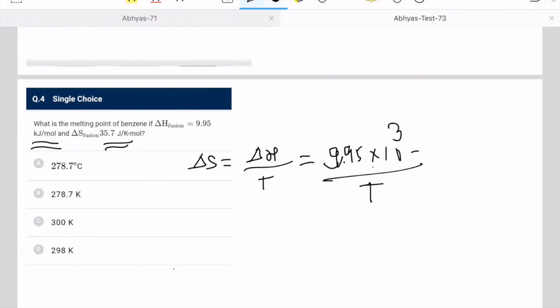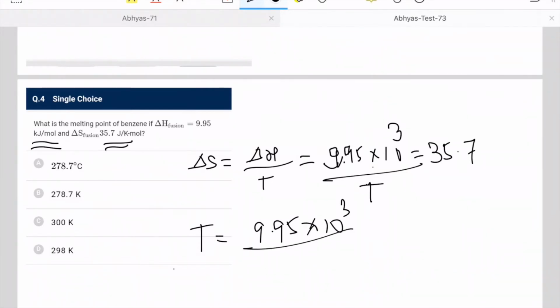Delta S value is given as 35.7. So T is equal to 9.95 into 10 to the power of 3 divided by 35.7. If we do it up, this will come 278.7 K. Here Celsius is given, K is also given. So we have to tick the B.